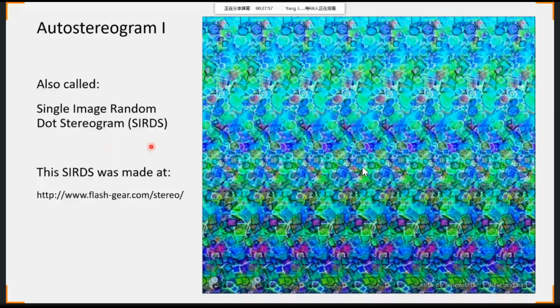And there is even a site online that you can use to produce such images if you like. And there is also an explanation and a description of how to do it. So it's just the same as with the image we have just seen. The problem here is now you have just one image.